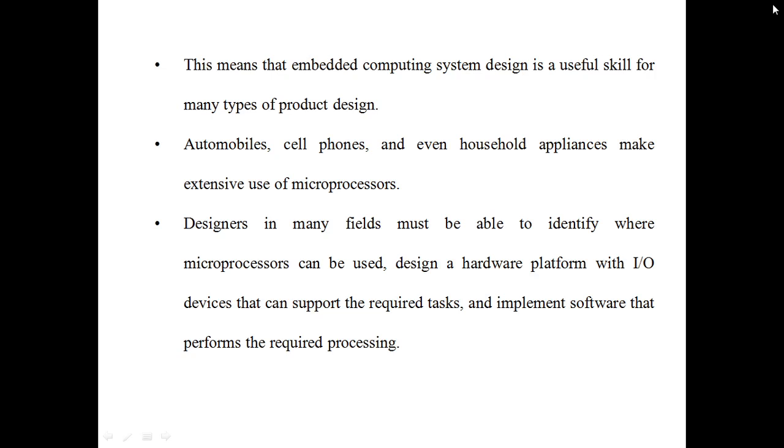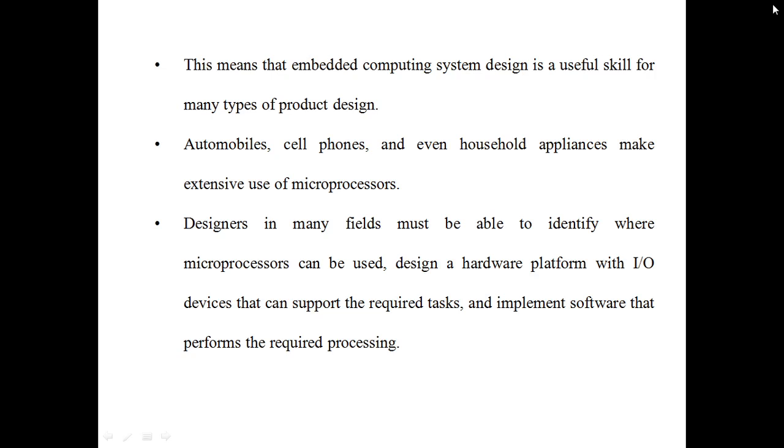Designers in many fields must be able to identify where the microprocessor can be used. For example, once they are developing a particular device, they have to analyze where to apply such a microprocessor design in the system or device. They design it carefully. Once the design is done, they move to the hardware platform.